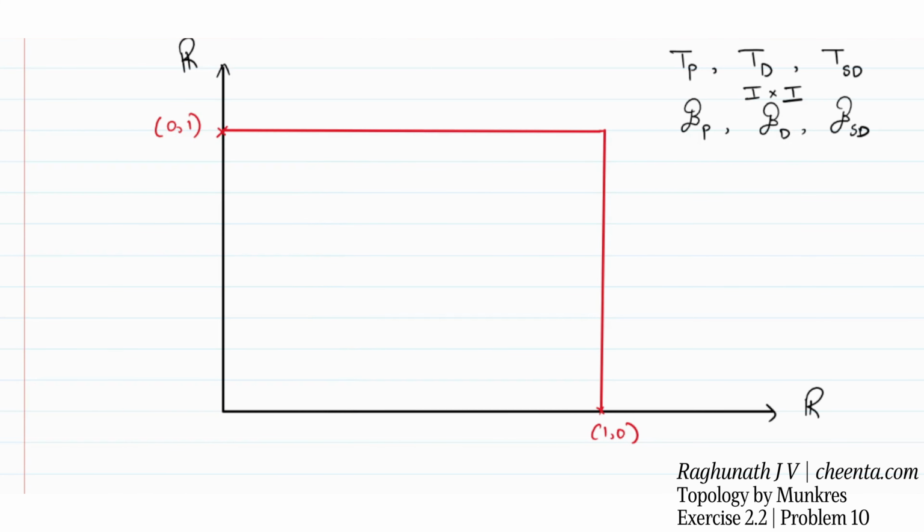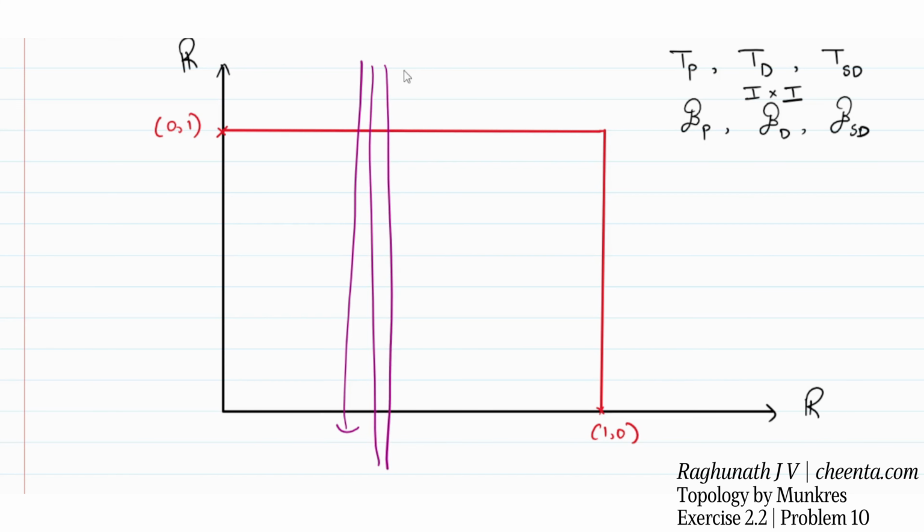Okay, then what will be your subspace topology? We know that in R, suppose if you start from here and put dictionary order on R, even the elements like this are open and elements like this are also open. So let us only consider this for now.